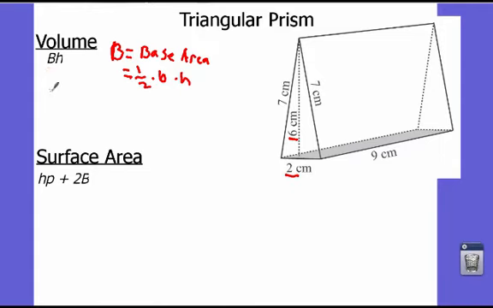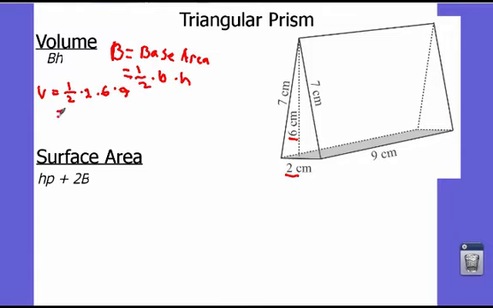So if we're finding the volume, we're going to say V equals 1/2 times 2 times 6. So that's our big B, our base area. And then the height of our prism is simply the perpendicular distance between the 2 bases, which is 9. So we get 1/2 times 2 times 6 times 9.